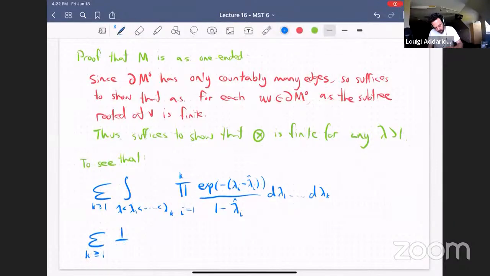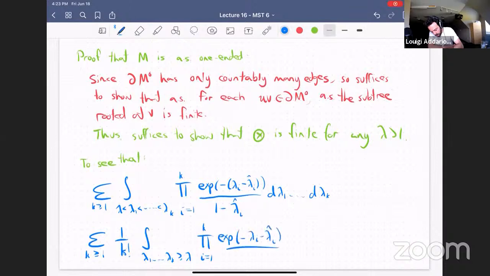So I can write this as 1 over k factorial, and then the integral over lambda_1 up to lambda_k greater than or equal to lambda of the product from i equals 1 to k of e^(-lambda_i) over 1 minus lambda_i hat.